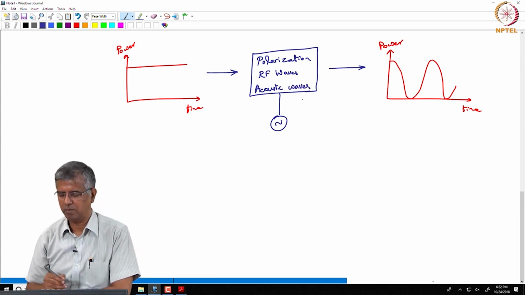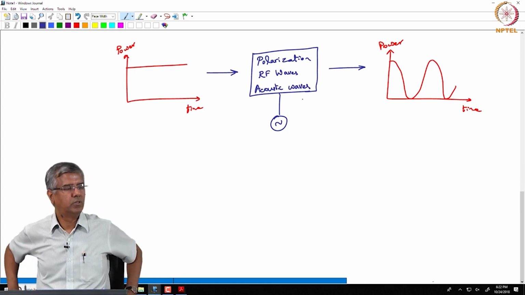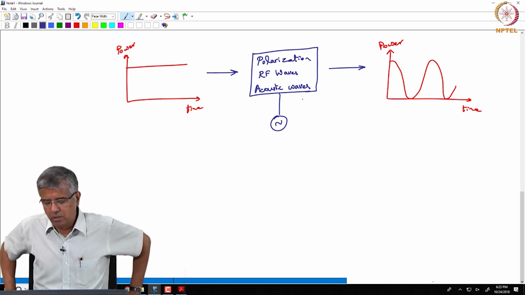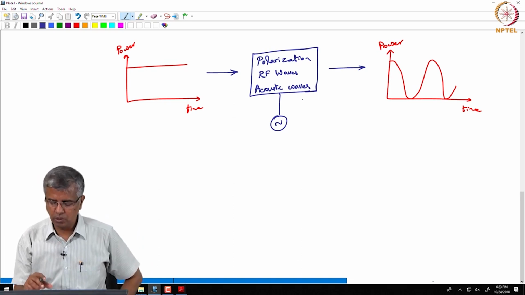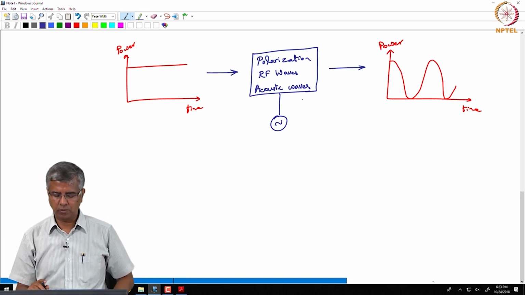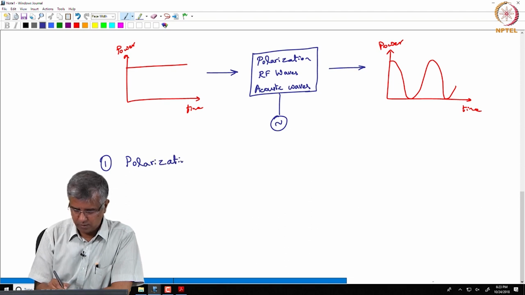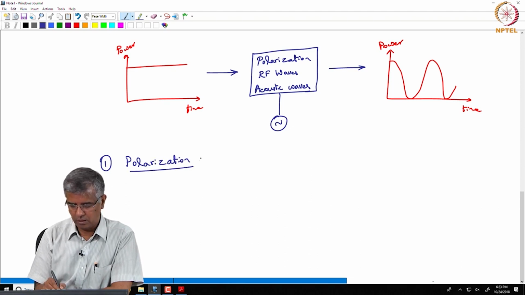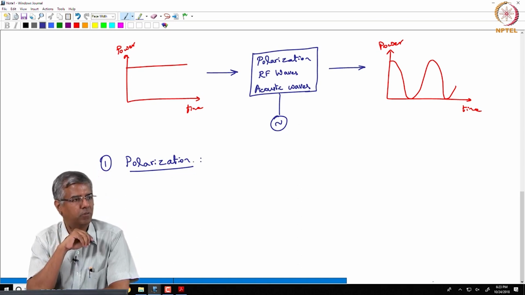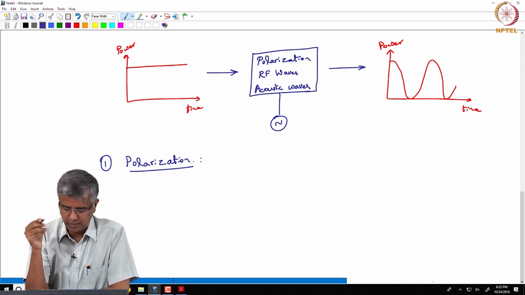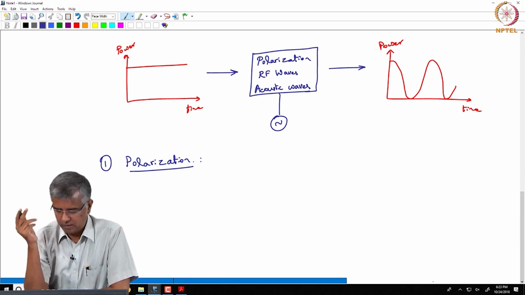Imagine that by using sound you can change the property of light. We are going to go into details of each one of these, but the first thing we will talk about, and this is what you are going to be doing in your experiment, is manipulation of polarization of light.